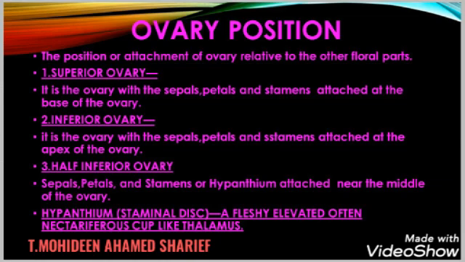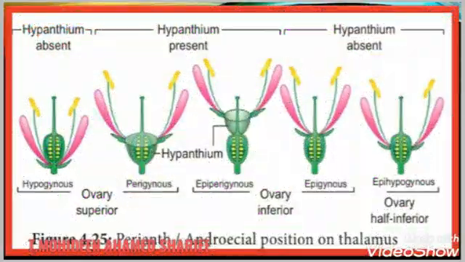Okay. So next we will see about what is hypogynous, epihypogynous, epigynous, perigynous and epiperigynous. Hypogynous, the term is used for sepals and petals and stamens attached at the base of the ovary, example Malvaceae. Epihypogynous, the term is used for sepals and petals and stamens attached at the middle of the ovary, example Fabaceae and Rosaceae.